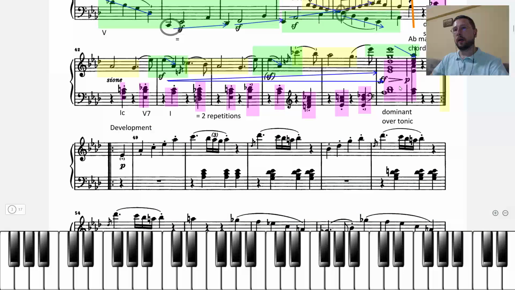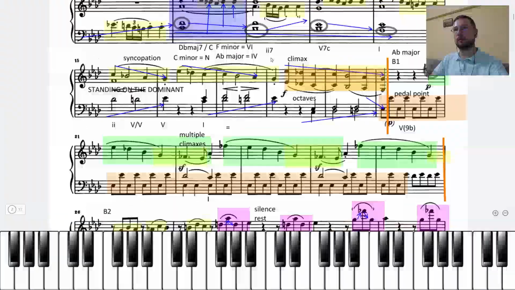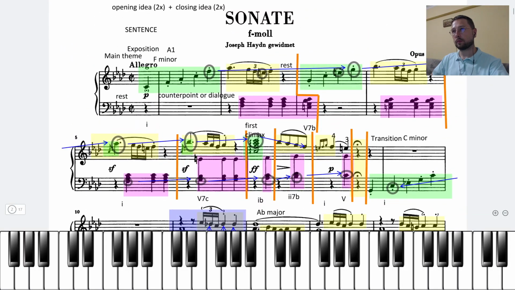So, how do we make sense of the fact that here we end in A flat major and now we start in C minor? Well, all of that happens because of the note Beethoven starts with. It's C. C is a common tone to F minor and to A flat major.